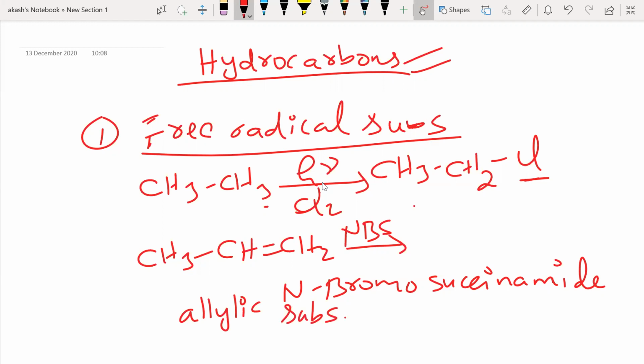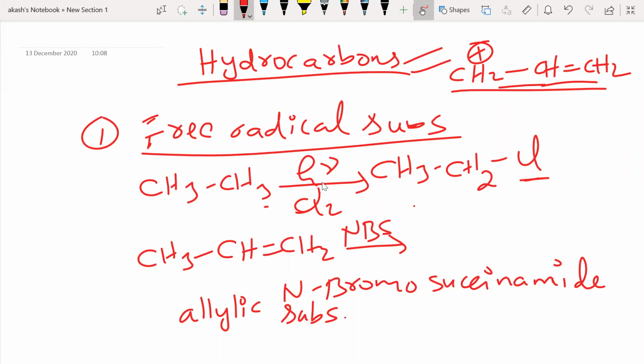What do you mean by an allylic substitution? We know what is an allyl carbocation, isn't it? Whenever I say an allyl group, this is what it is: I have a double bond, then a single bond. That is what is called an allyl group.